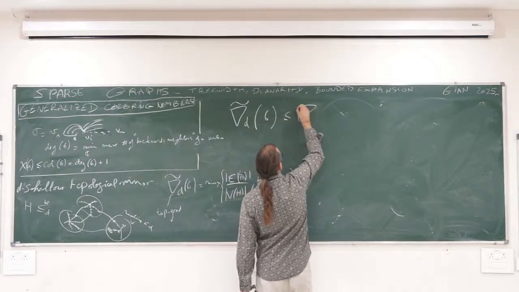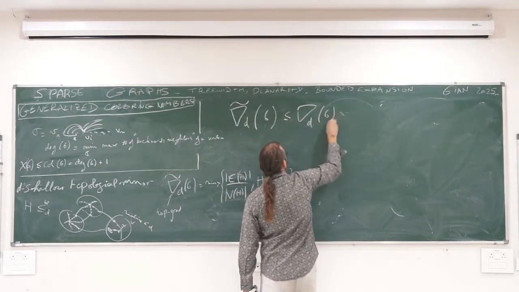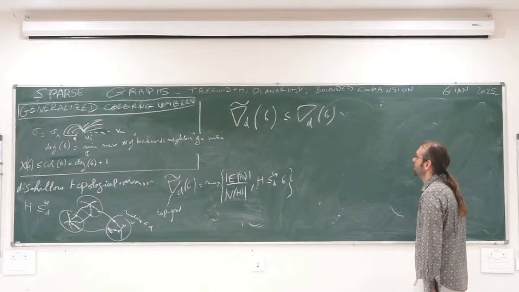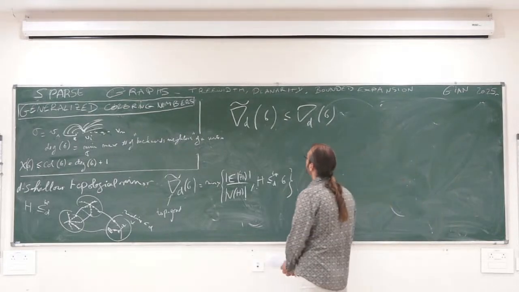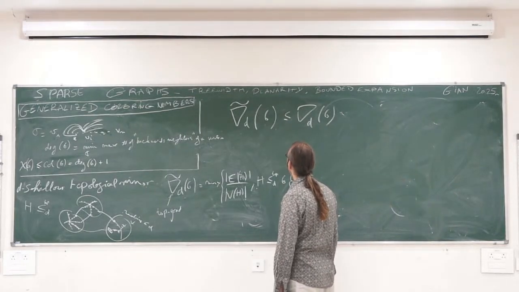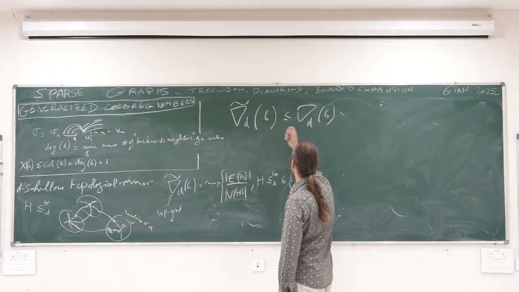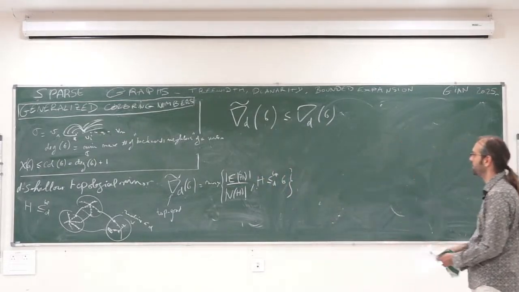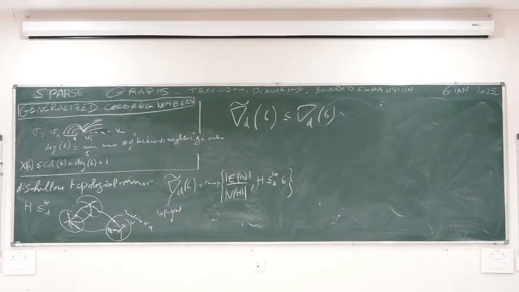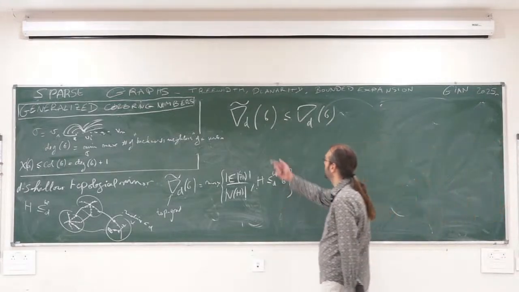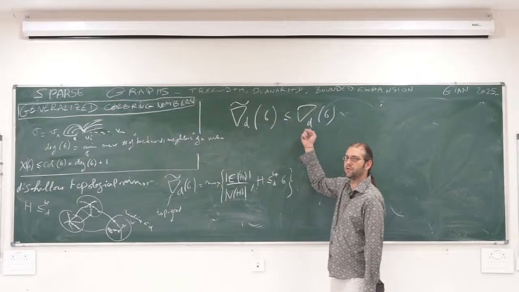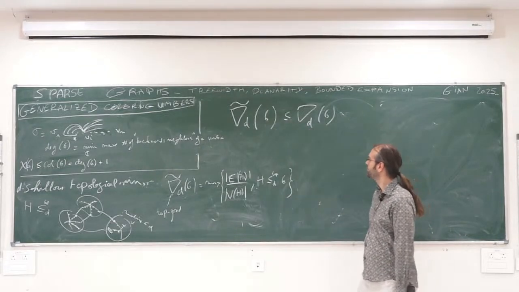So this side follows from the definition, because every topological minor is a minor, every density of topological minor is a density of minor. Whatever you can do topologically, you can also do with normal contractions.